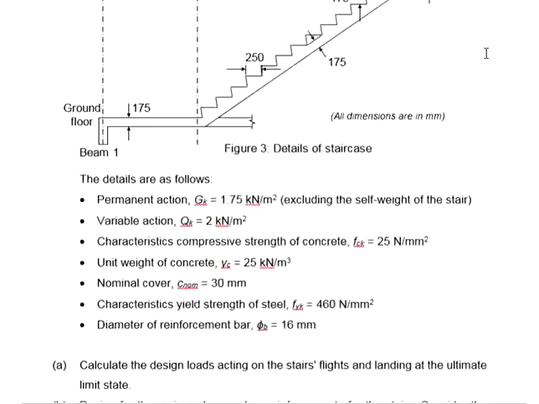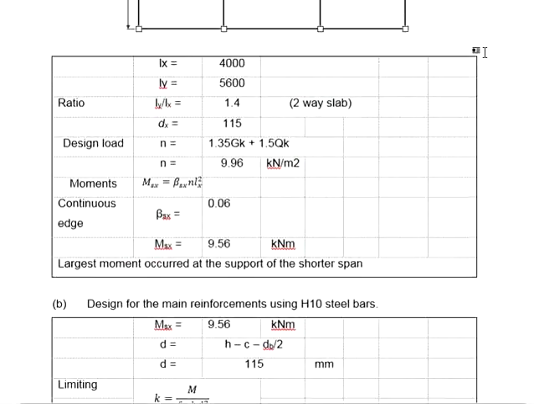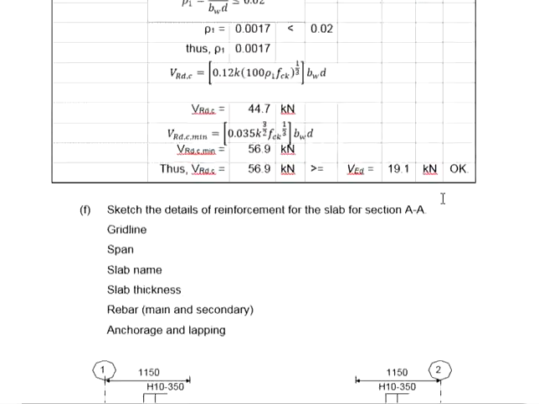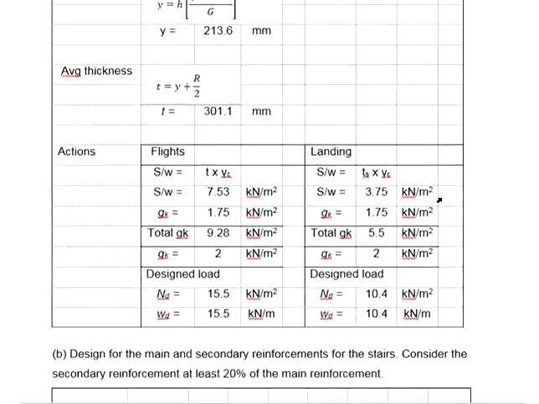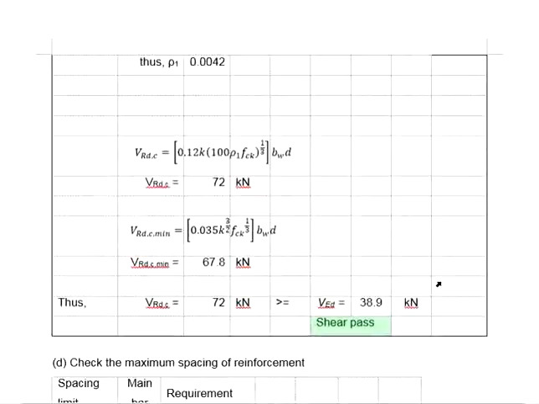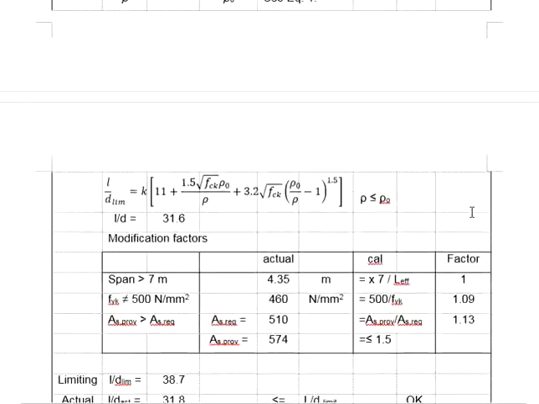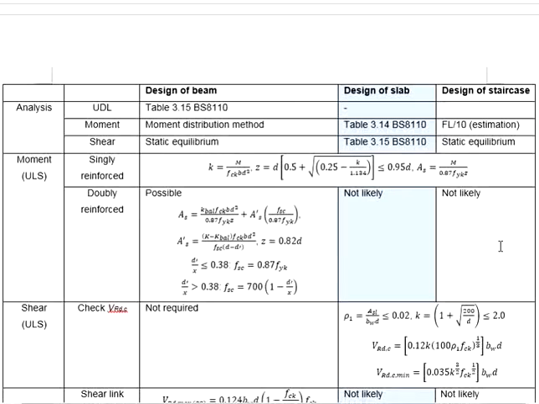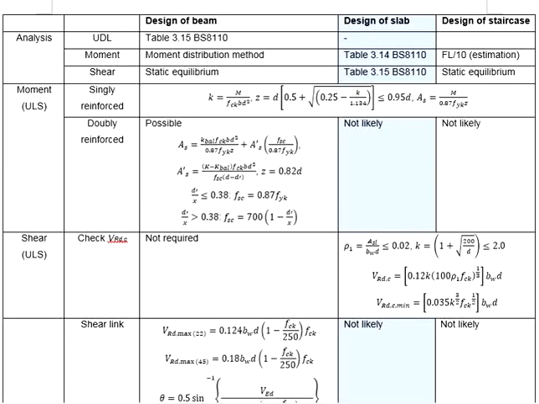To make it simple, when you see the design of various structural elements, the requirements and the conditions vary slightly. There are common steps and there are unique steps. I believe these are the things that you need to pay attention to, especially when you are doing the revisions.